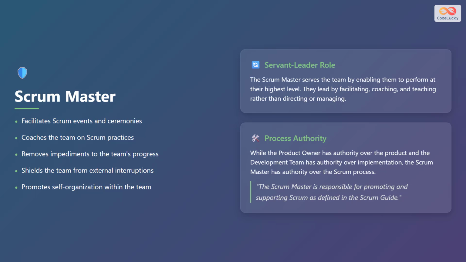The Scrum Master serves the team by enabling them to perform at their highest level. They lead by facilitating, coaching, and teaching rather than directing or managing. The Scrum Master has authority over the Scrum process and is responsible for promoting and supporting Scrum, as defined in the Scrum Guide.